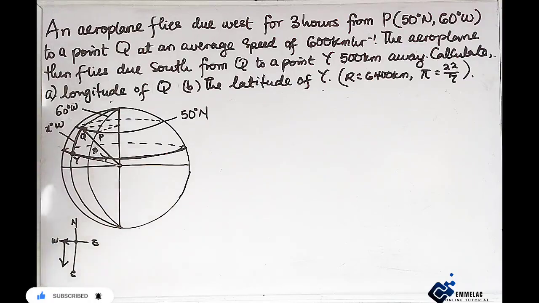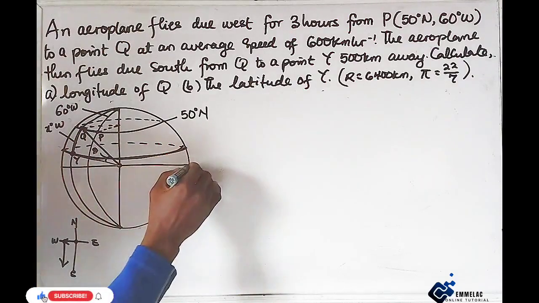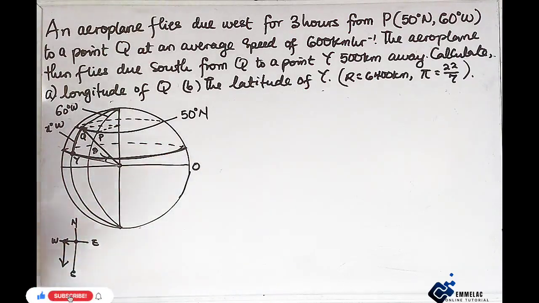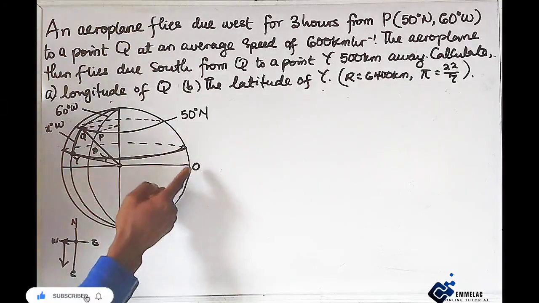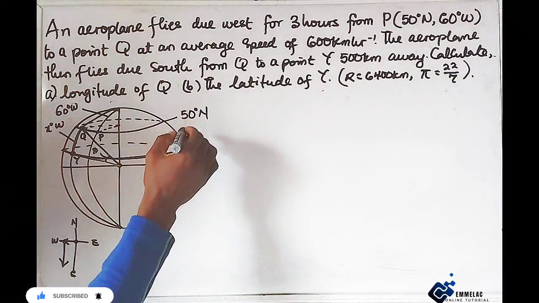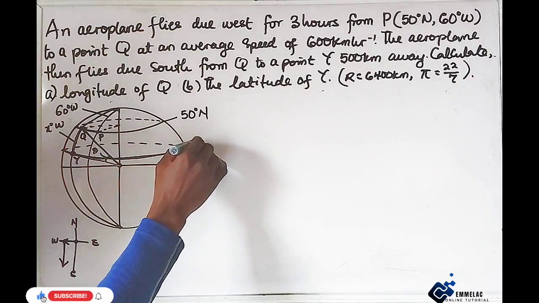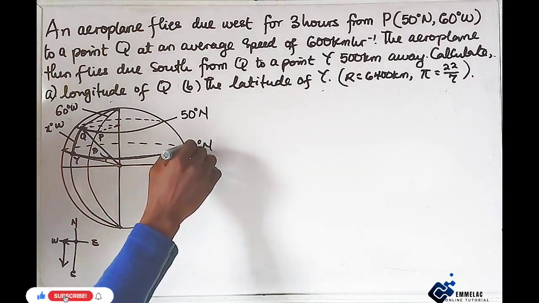Now for us to get the latitude of Y, take note that for the latitude, this is 0, which means as it moves northward there is an increase. So let's assume this is X degrees north.